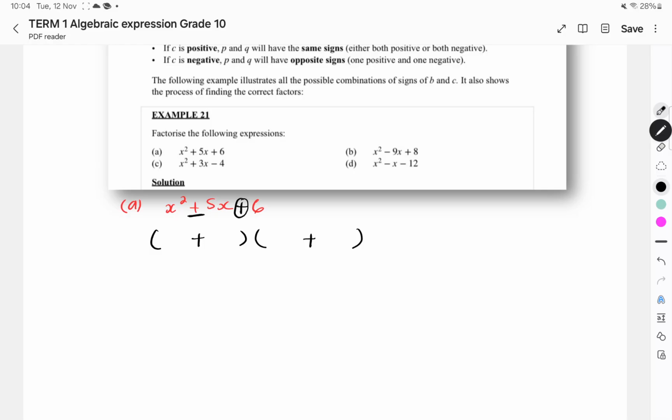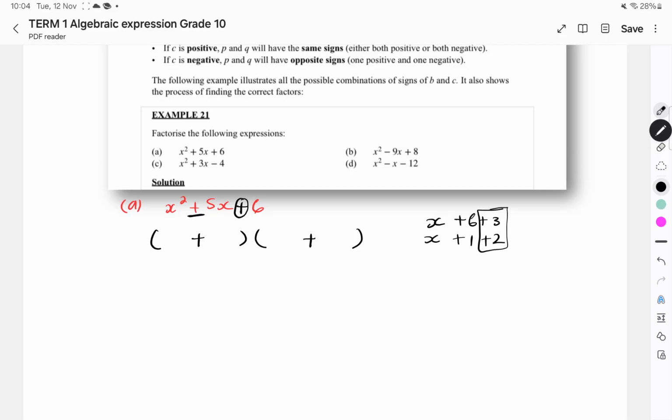So we look for factors. X squared is x times x. 6 is 6 times 1, or 3 times 2. Now every number will be positive, so I want a combination where if I add them up, I get 5. The first one gives me 7, so I'm not going to take those.